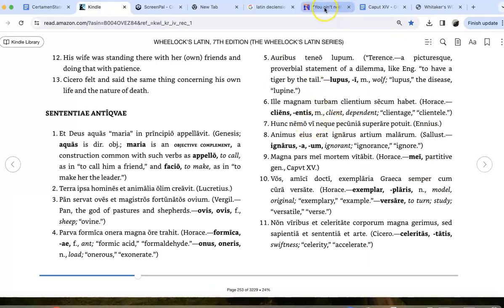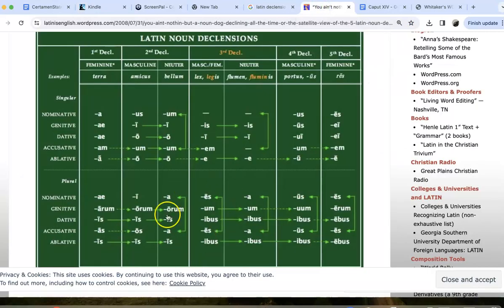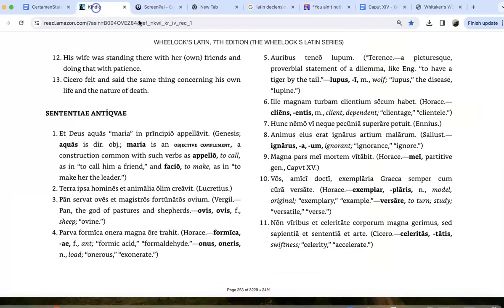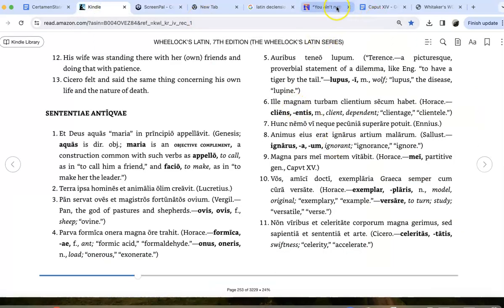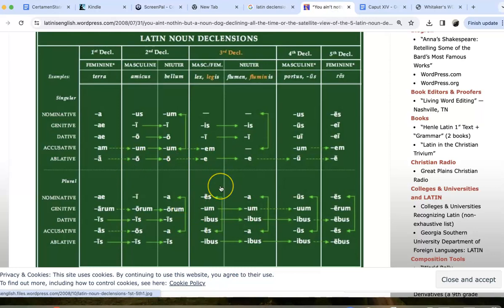So notice this really doesn't fit any of our declension endings, ending in I. And so that is irregular. It just has to be memorized because it doesn't fit into regular declension endings. There's always exceptions. But once again, if you can master this, you can read Virgil in the original.